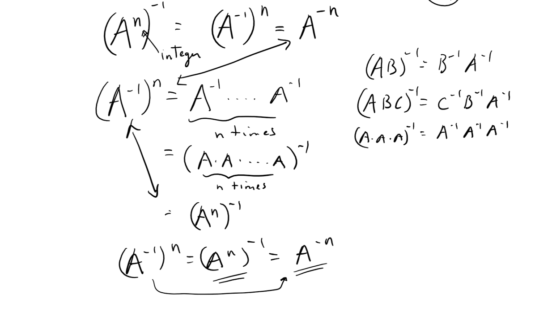So whether you put the brackets, whether you have A to the minus 1 to the n or A to the n to the minus 1, it's all the same. You have this also with numbers. If you have 2 to the minus 1 to the power 3, that's the same as 2 to the 3 to the negative 1, and in general we write 2 to the minus 3. So these properties of exponents that apply to real numbers also apply to matrices. That's kind of nice to know.